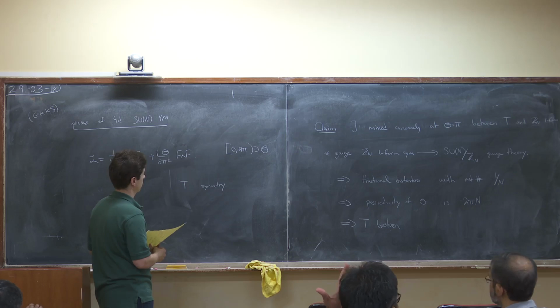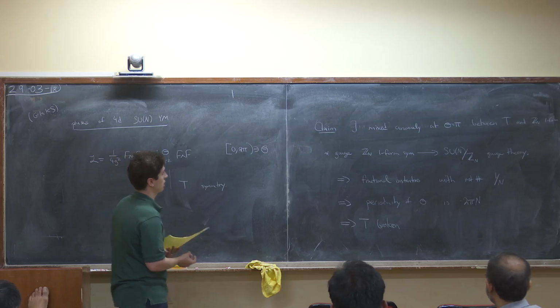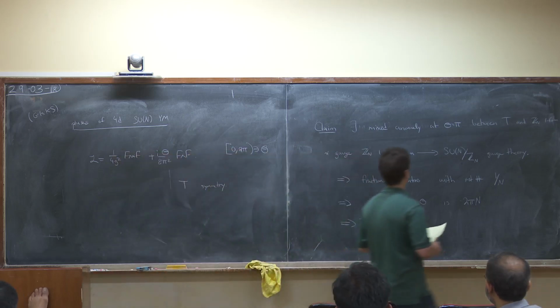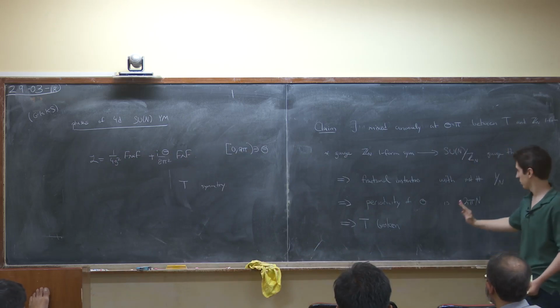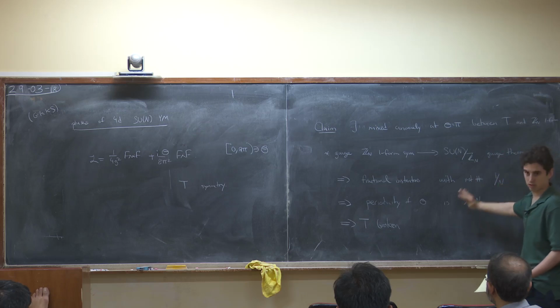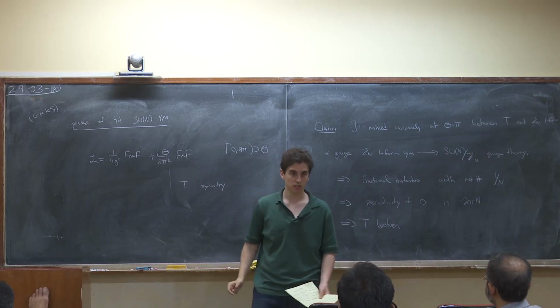In this gauge group we could analyze the symmetries, and there could be a time reversal symmetry here, but there isn't the one-form symmetry. It's a different symmetry. So relative to this theory, we see that there's a mixed anomaly.